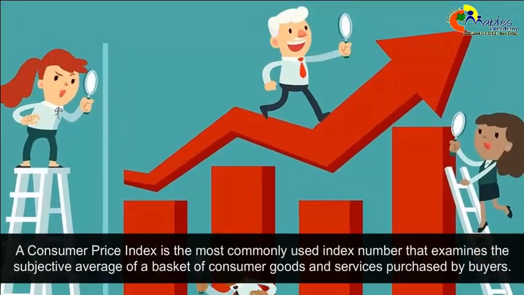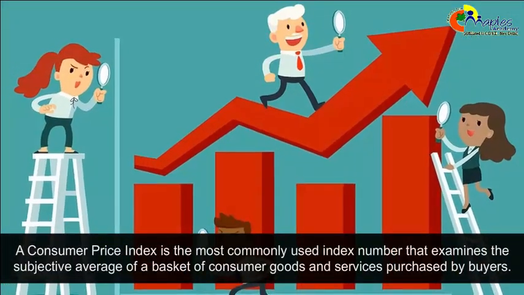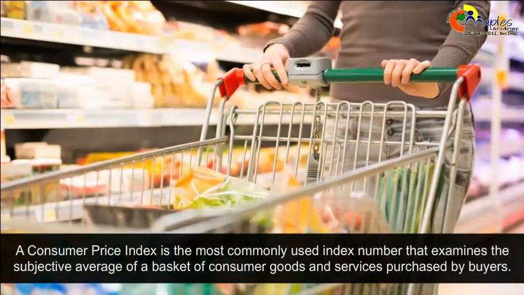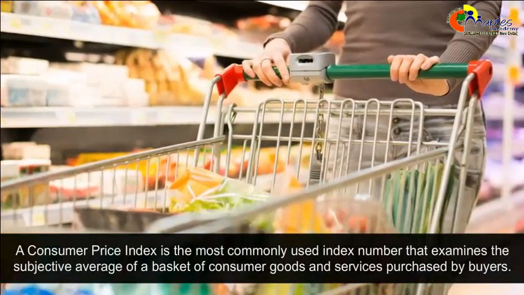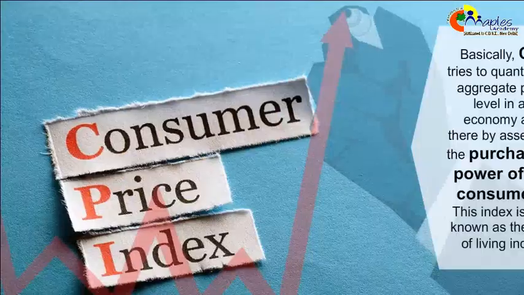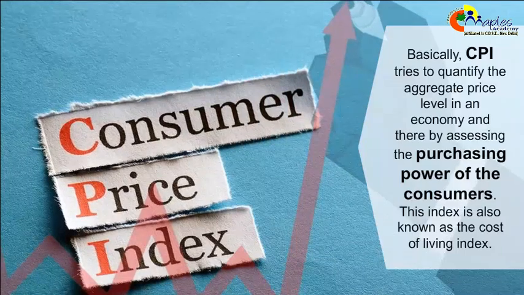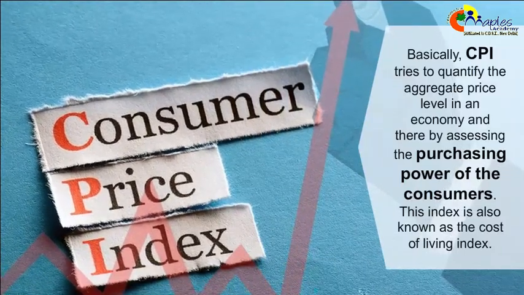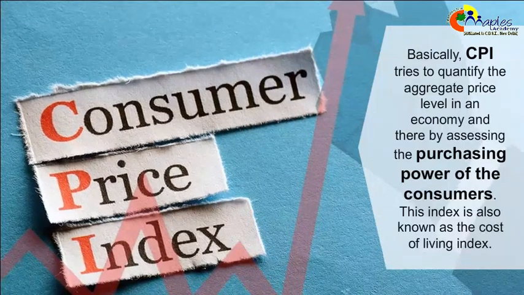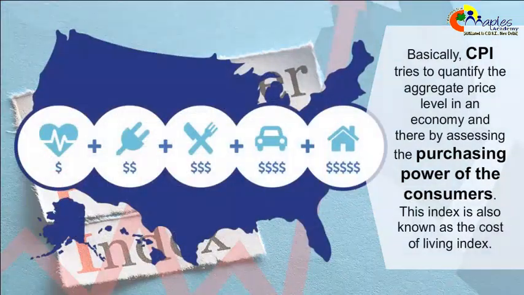A consumer price index is the most commonly used index number that examines the weighted average of a basket of consumer goods and services purchased by buyers. Basically, CPI tries to quantify the aggregate price level in an economy and thereby assess the purchasing power of the consumers. This index is also known as the Cost of Living Index.